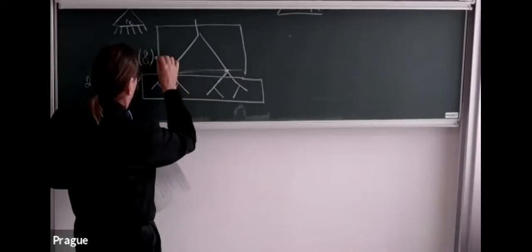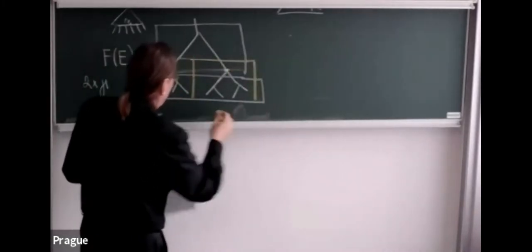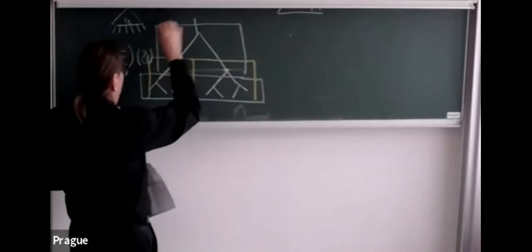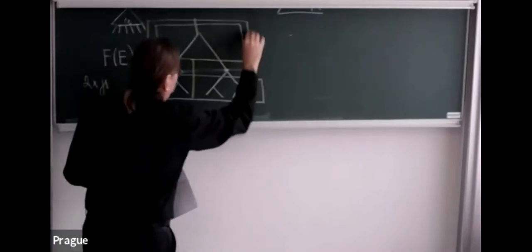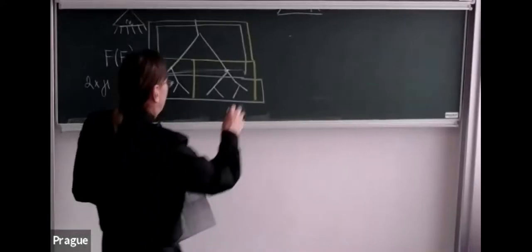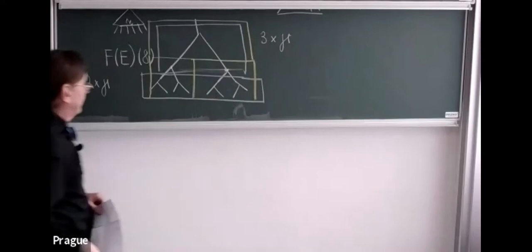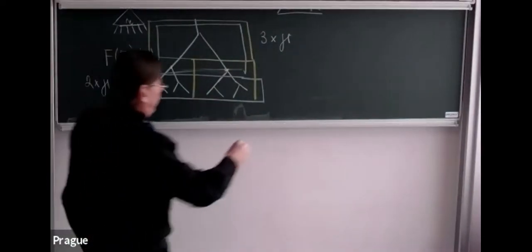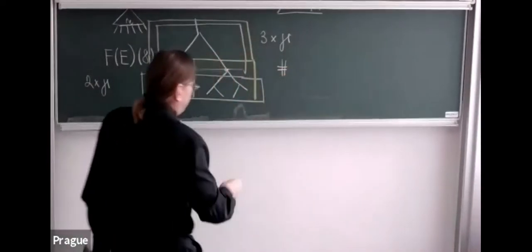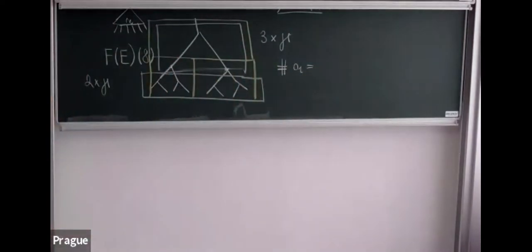You can first take gamma here, and the result insert to the top. So you applied gamma 3 times. On the other hand, the number of circle-i's, if you use my definition, is the number of internal edges, which is in this case, I believe, 6. All right.